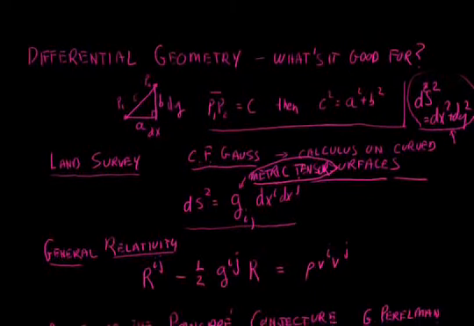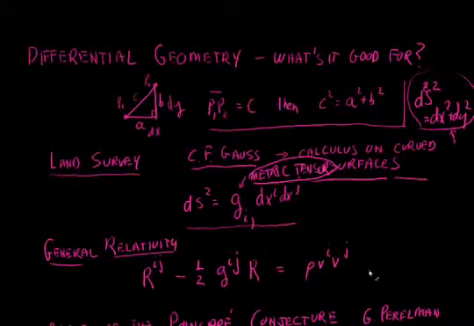Physicists found that it was very useful in understanding the theory of gravitation, and so Einstein's general relativity makes extensive use of differential geometry. Here is Einstein's equation for the gravitational field caused by matter density that's moving around with velocities v. These are the components of the vectors v, the velocity vectors.